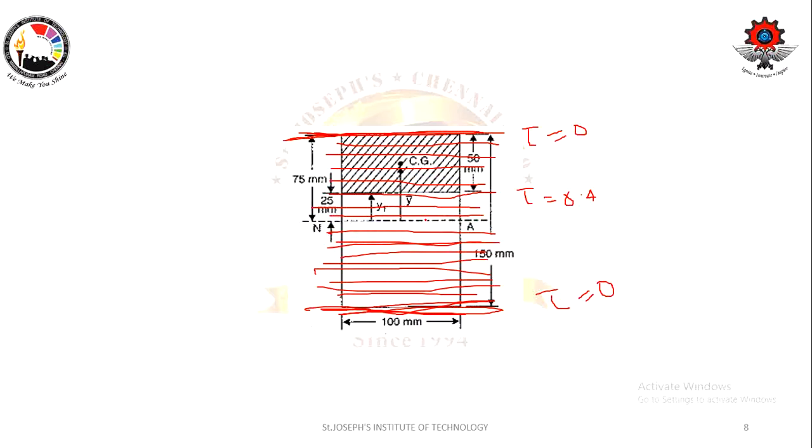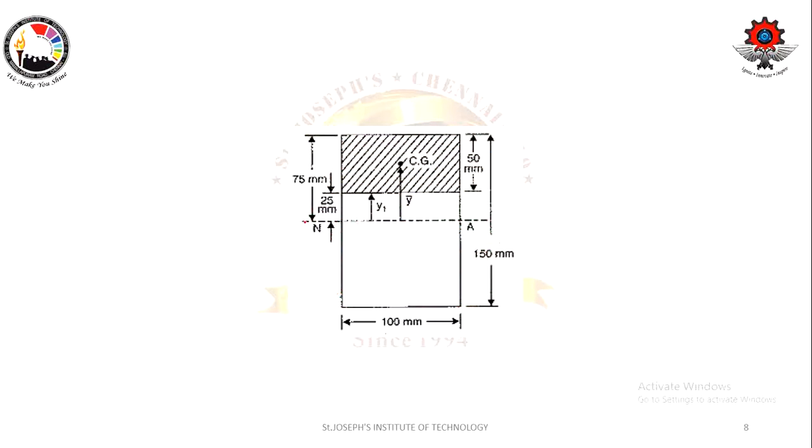That will always be the neutral axis. Shear stress will always be maximum only at the neutral axis. For any kind of section, the shear stress will be maximum at the neutral axis.